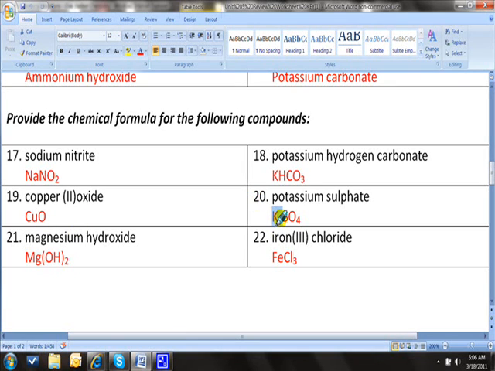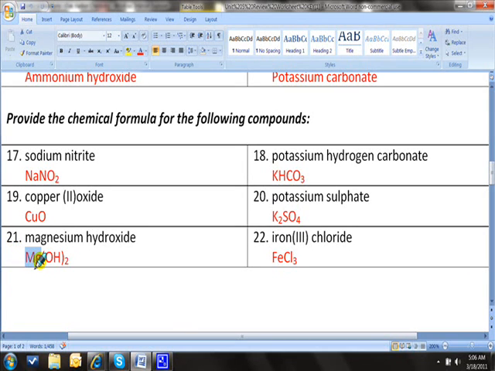If you don't have the right formula, you cannot go on to balance the equation correctly. And all of the math that you do with the ratios of the coefficients in the next unit will not work if you don't have the right formula. Potassium sulfate. Potassium is +1. Sulfate is -2. So I have to have 2 of the potassiums.